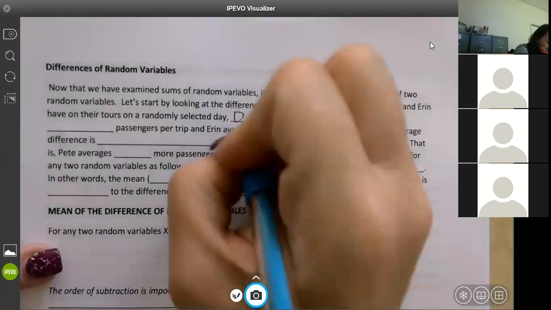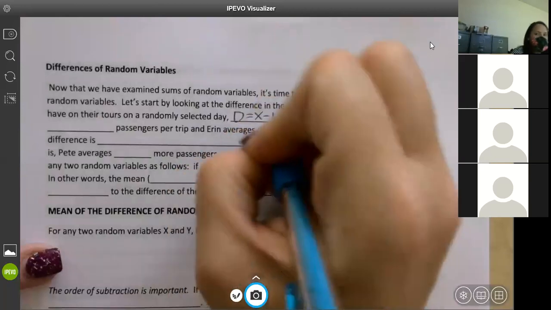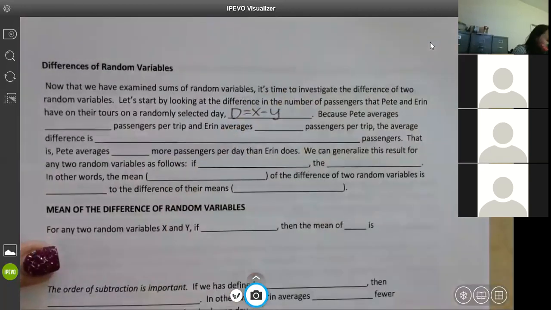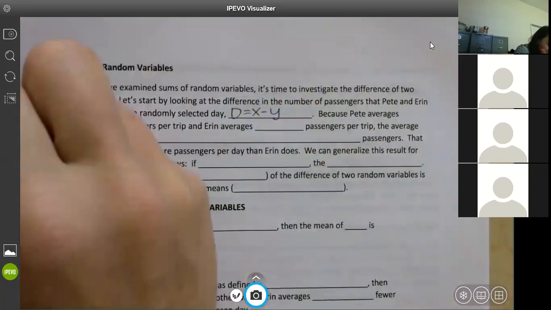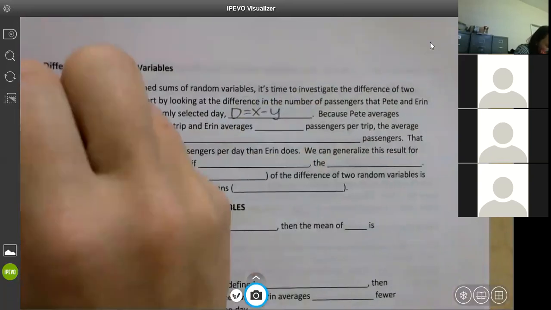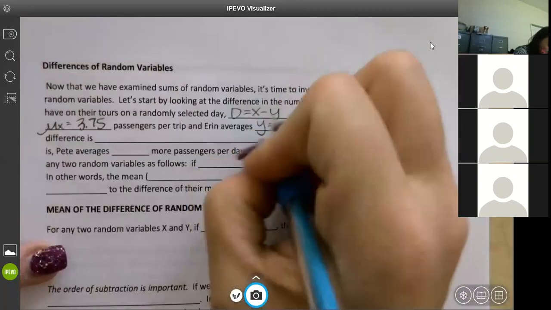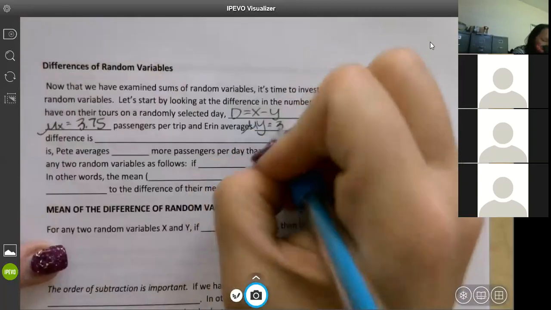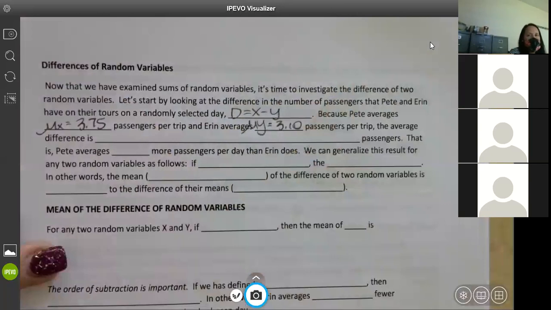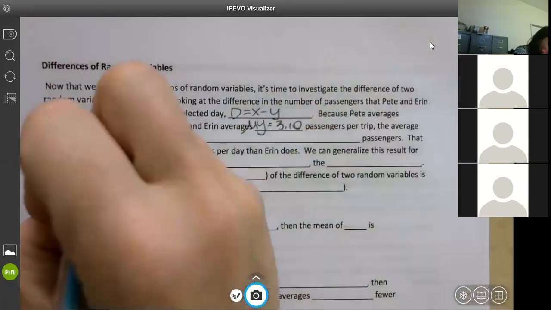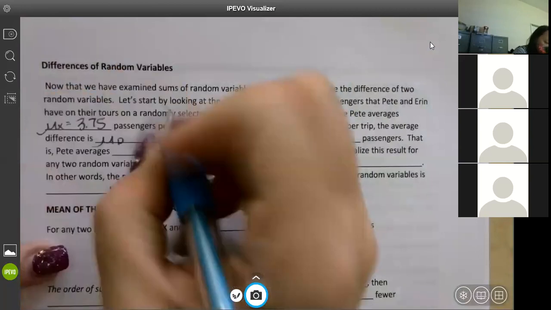So to do differences, we're going to subtract x minus y. Because Pete averages, so remember Pete's average passengers was 375 and Aaron's was 310. So the average of y is 310. The average difference is, sorry, difference is, so that's a little d.